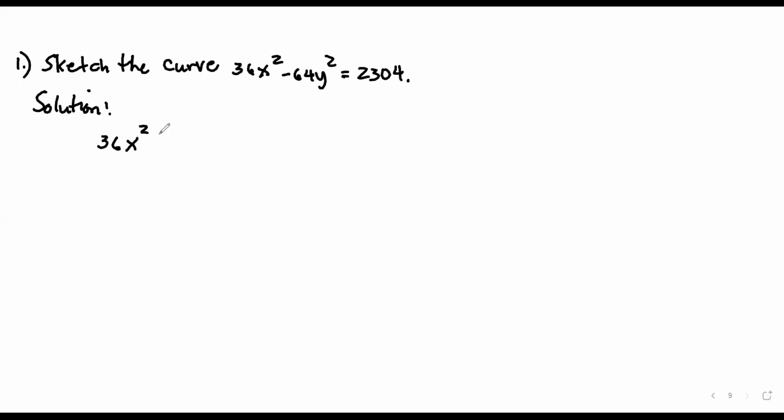So we'll have 36x squared minus 64y squared equals 2,304. We're going to divide both sides by 2,304.